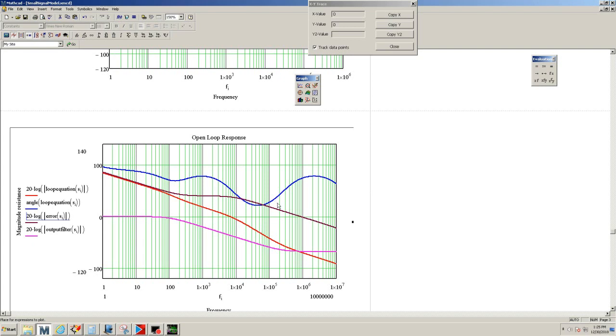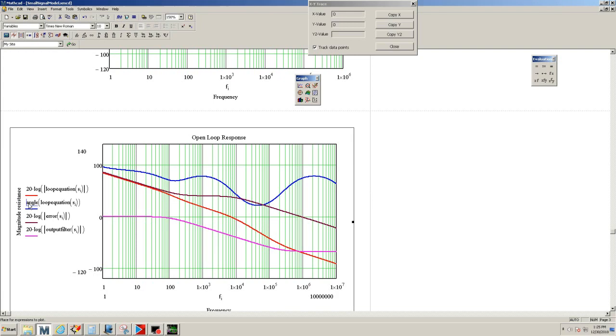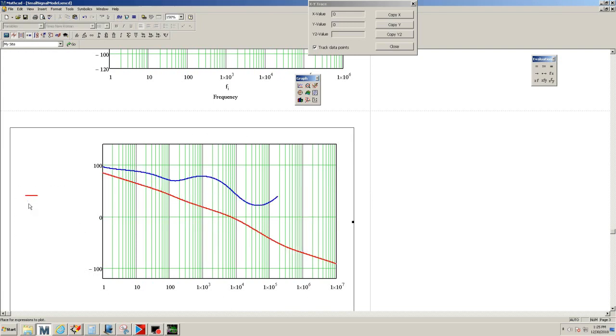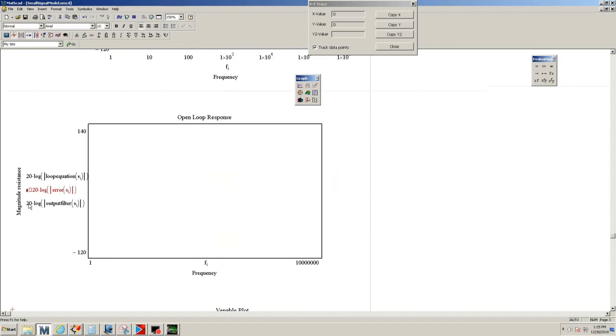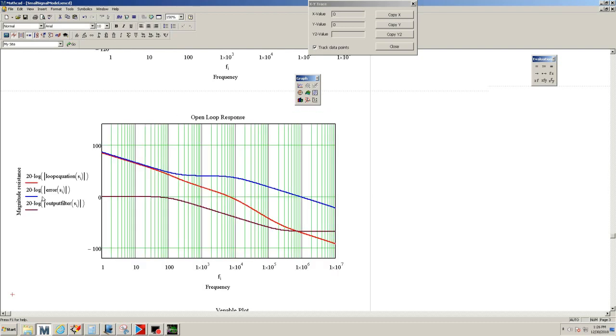So let me go ahead and see if I can take this off the phase. So that would be this one. That way it doesn't disturb us. There. So this is what I'm trying to get at.